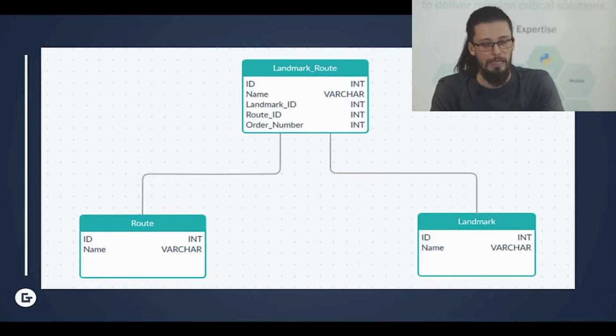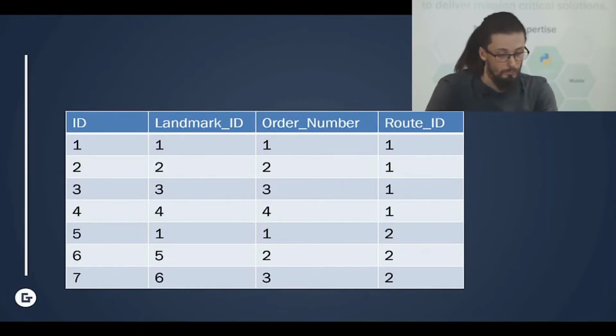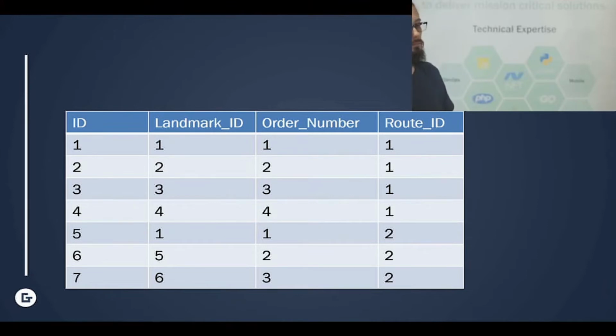And the data we would have could look like that. So we've got here two routes, route number 1 and route number 2. We've got here order number and landmark ID. So starting from landmark number 1, we could go to landmarks 2, 3, and 4, going by route number 1. Or we could start route number 2 from landmark number 1 to go to landmarks 5 and 6.